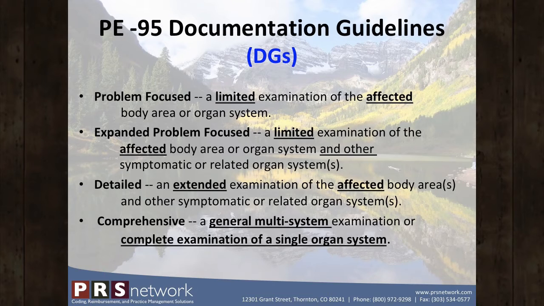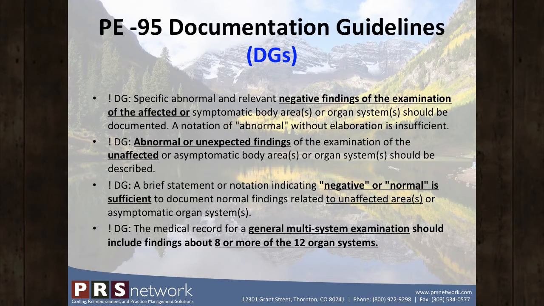Now, what does that really mean? Let's dig down a little further. All right, looking at the more details, it tells you what you have to document as far as negative and positive and where it should be on affected or symptomatic body parts. But it does give us detail. For the general multi-system exam, should include at least 8 or more of the 12 organ systems.